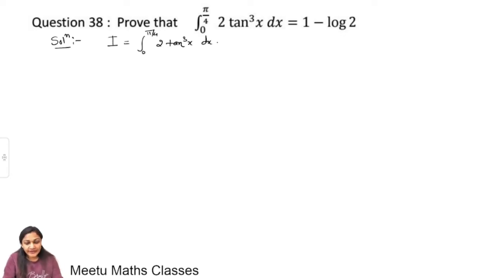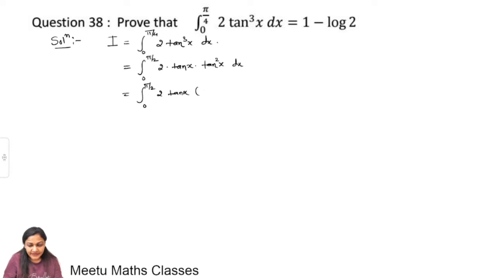Now to integrate this function, we can write our tan cube x as tan x into tan square x dx, and tan square x can in turn be written as sec square x minus 1.